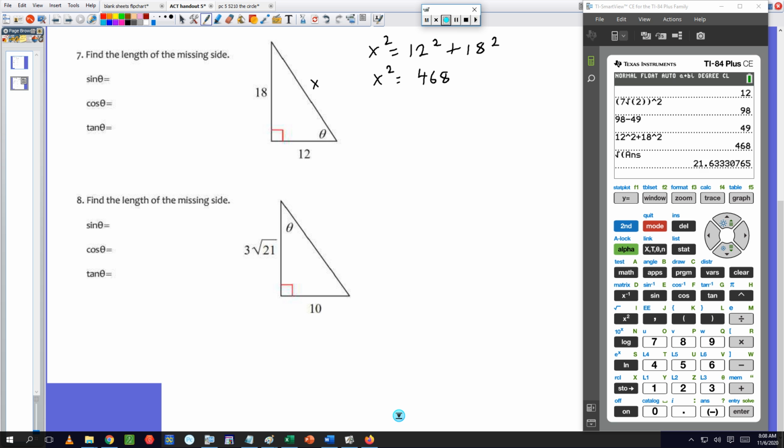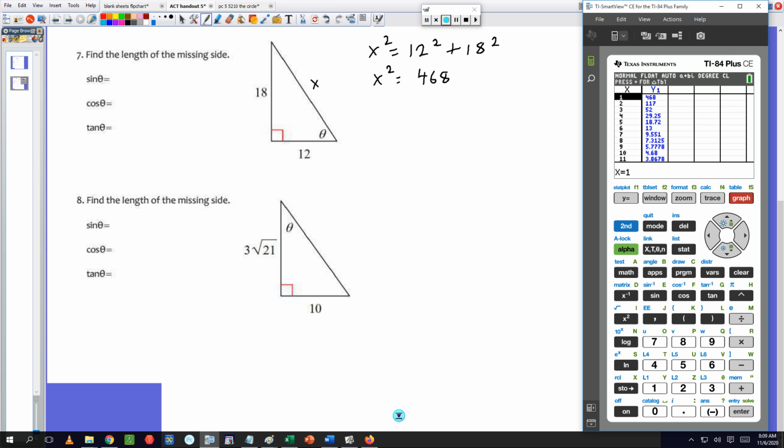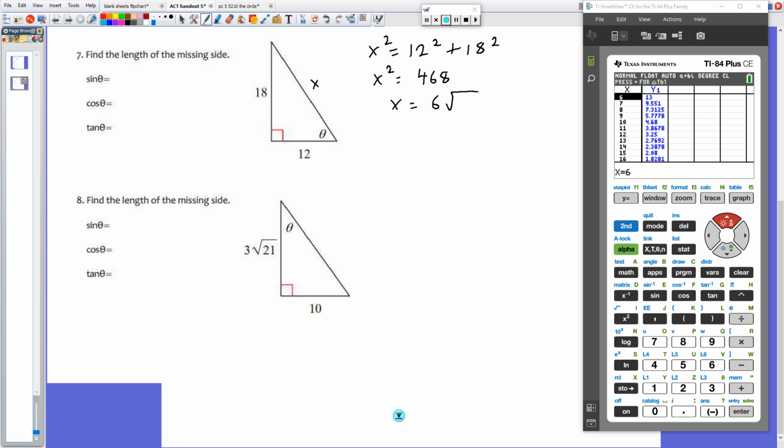Let's go to our y equals, and let's figure out what the square root of 468 is in a little bit better terms. 468 divided by x squared. Go to my table, and let's look for the last nice line. 6 radical 13, that looks good. Don't think there's going to be another one, and there is not. Our answer for the square root of 468 is 6 radical 13.